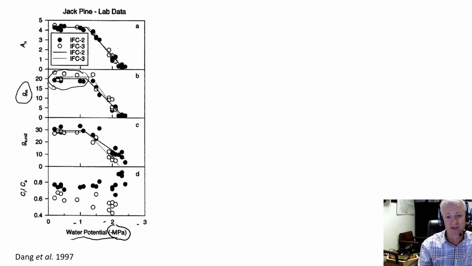But at about minus 1.5 in this particular species, this is jack pine, we start seeing stomatal closure, and stomatal conductance declines as water potential becomes more negative, until at about minus 2.5 megapascals, stomatal conductance is about 0. The stomata are completely closed. Keep this threshold response in mind, because this becomes important when we talk about the hydraulics of xylem and how that influences stomatal dynamics. So we'll come back to this in a later lecture.